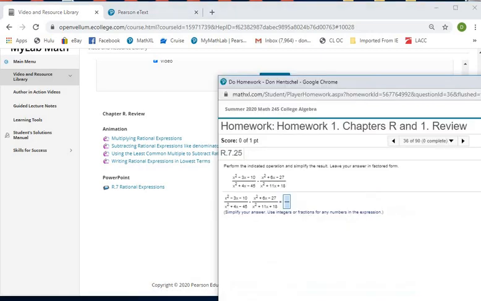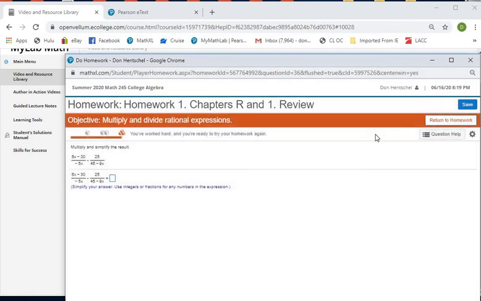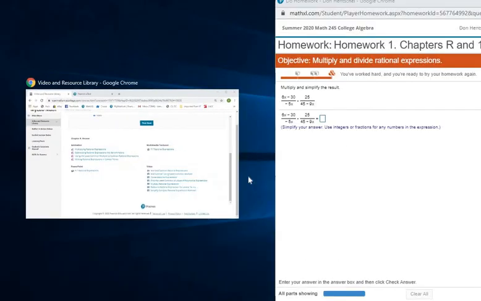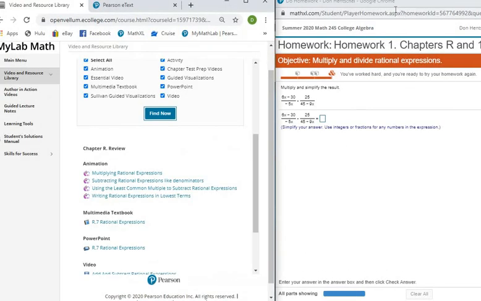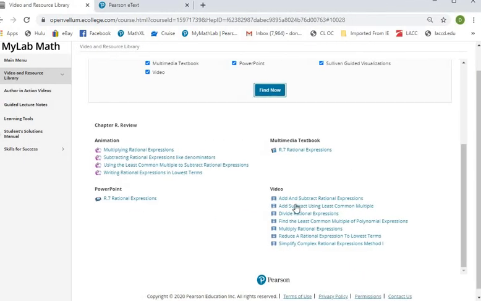All right, so remember back when we were looking at this problem, and it said multiply and divide rational expressions. Multiply rational expressions. I can find a video on it.